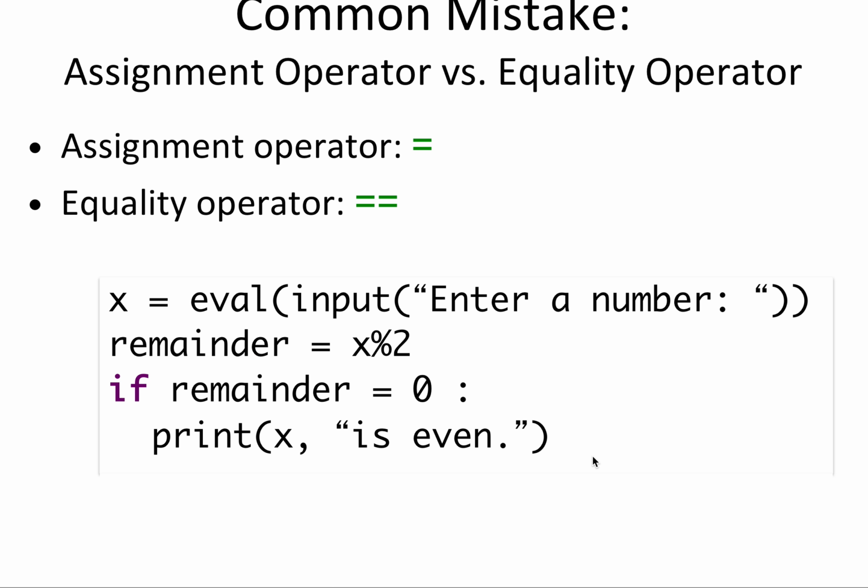So a very common mistake is the assignment operator versus the equality operator. Very often when students are first learning to program and learning to work with assignment and equality, they will confuse this. So for example, if remainder equals 0, yeah, this is a syntax error. And fortunately for you, Python will actually catch this error.